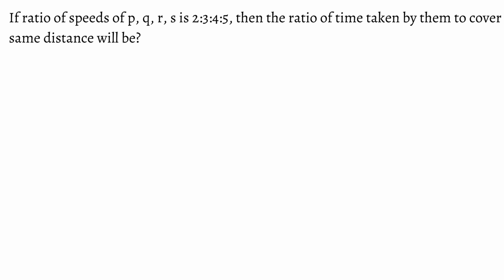If the ratio of speeds of P, Q, R and S is 2:3:4:5, then the ratio of time taken by them to cover the same distance will be? Here we know that speed is inversely proportional to time. The ratio of speeds is 2:3:4:5.